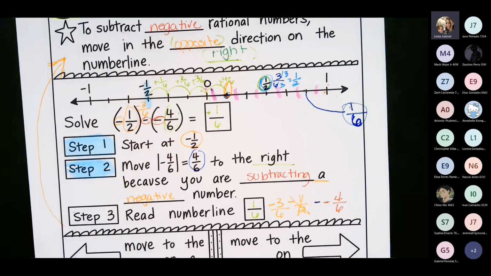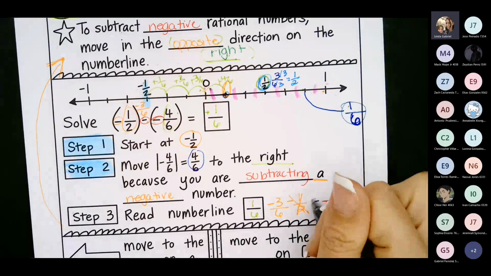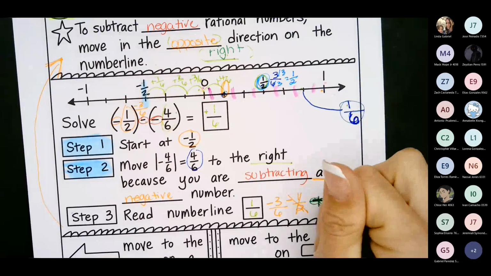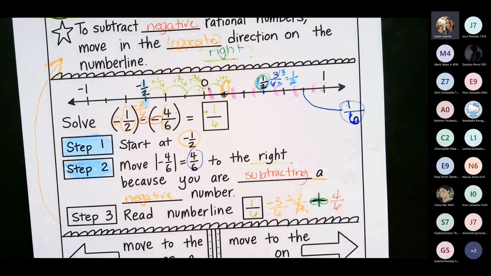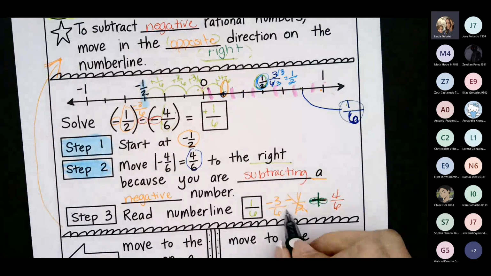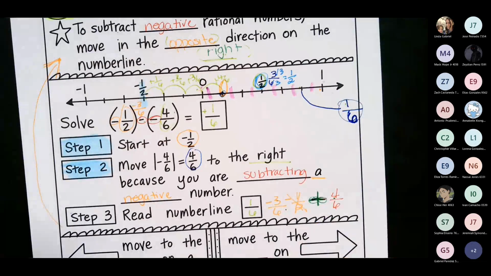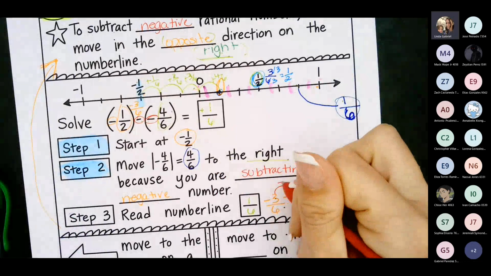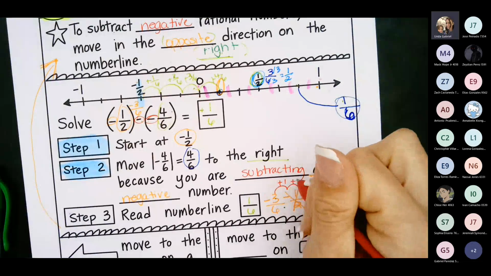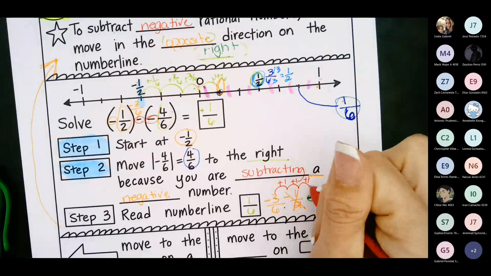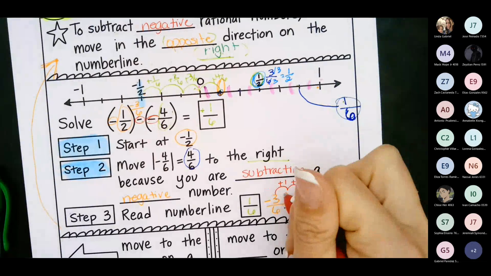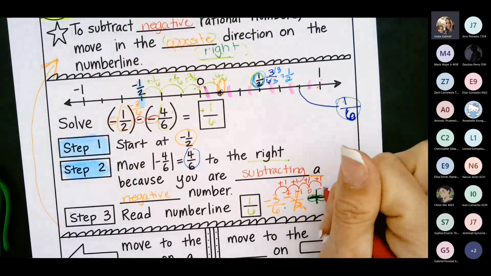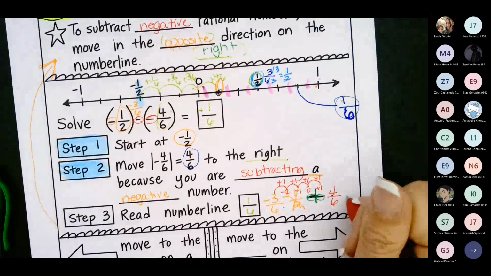I have my minus negative sign here, and two negatives turn into a plus sign. The negative 3 plus 4 goes from negative 3 to positive 1.